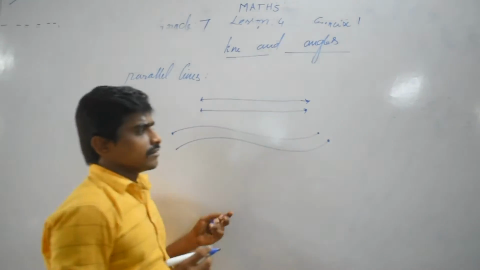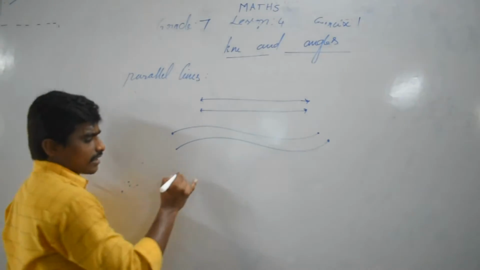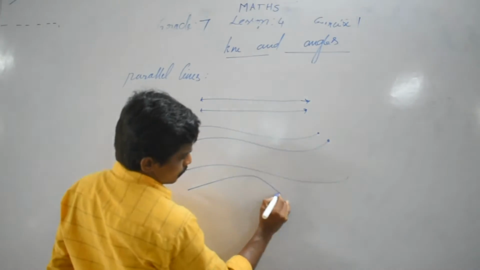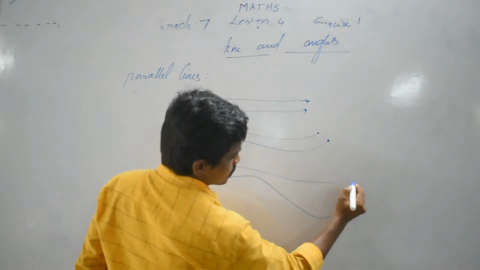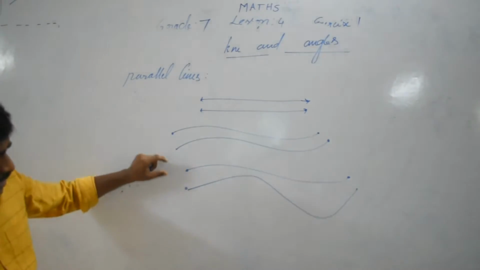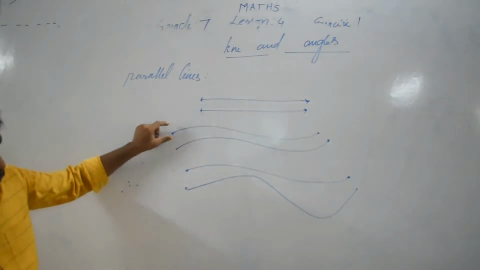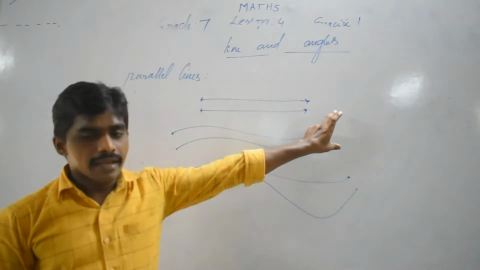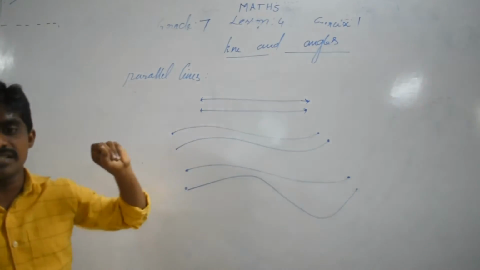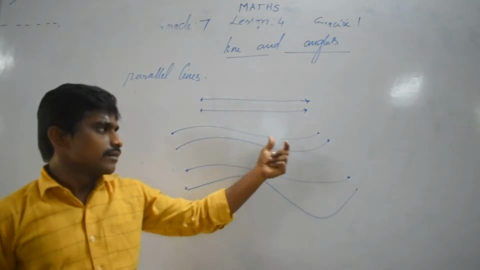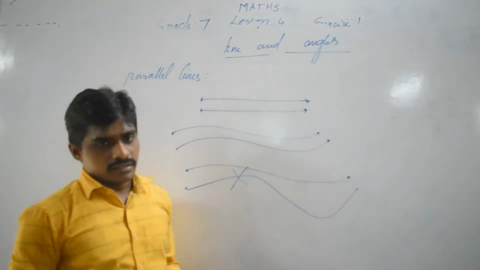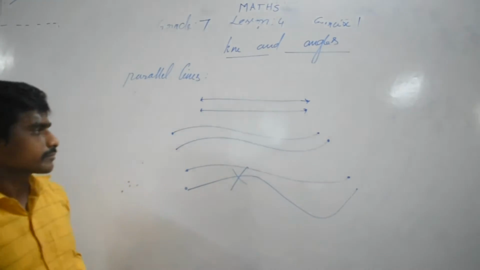That is called parallel lines. Do you see any railway track where the rails meet? No. Any railway track starts at a point and ends at the same point, with the same distance maintained between the rails. That is parallel lines. So now parallel lines are clear.